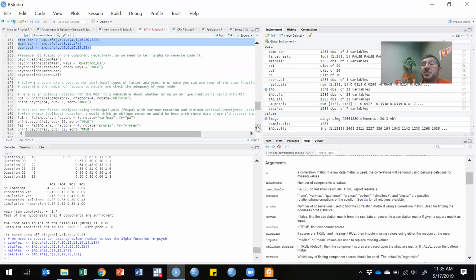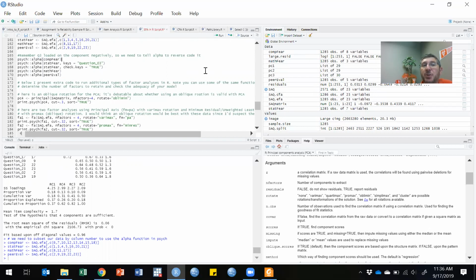And then we basically just use the psych package with the alpha command and give it that new data set that we just created above. Remember that question 3 in the stats factor, standard deviations excite me, loaded negatively. So we need to tell the alpha function to reverse code it.